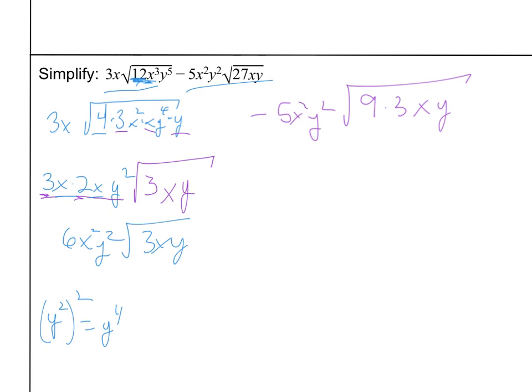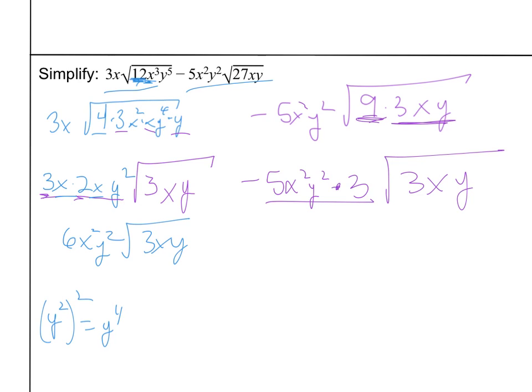I feel better. Square root of 9 is 3, so I have negative 5 x squared y squared. The square root of this 9 is times 3, and everything else is stuck on the inside. Square root of 3xy. Cleaning this up, it's a multiplication problem, so 5 times 3 makes 15, so I have negative 15 x squared y squared, square root of 3xy.